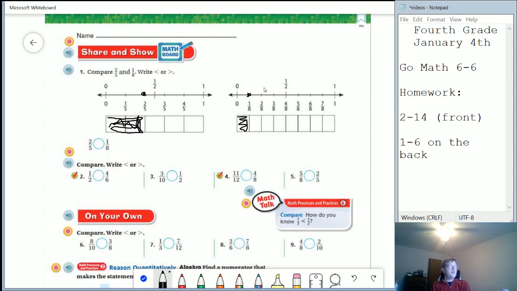Now, of course, we're counting a different amount of times between 0 and 1 for both of these. But looking at our benchmarks, it does look like the left-hand side is much closer to 1/2, whereas the right-hand side is very close to 0 and not very close to 1/2. So 2/5 would be greater than 1/8.